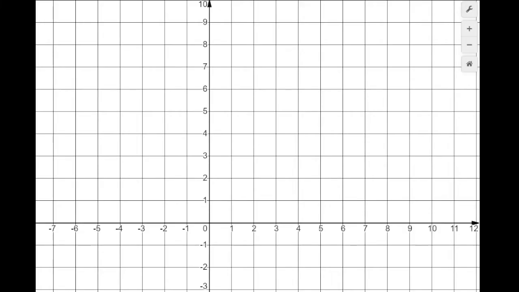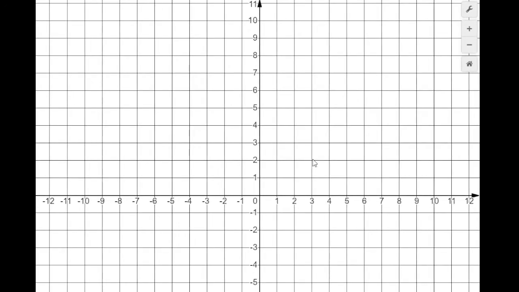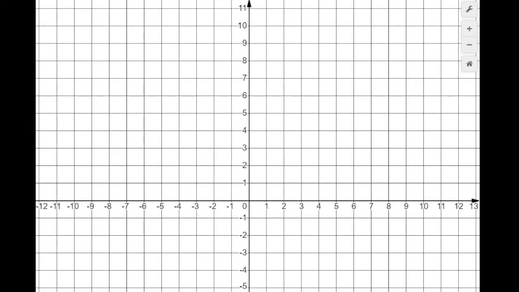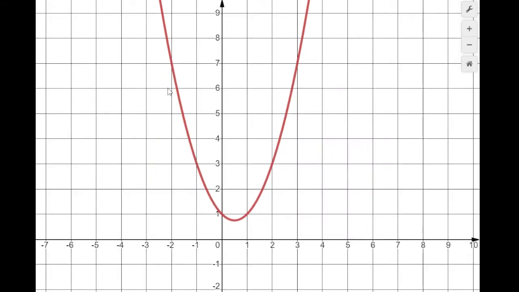On our blank graphing screen, we graph x squared minus x plus 1. Now the graph tells the truth. You see, the graph of this polynomial does not hit the x-axis, the horizontal axis, at all.